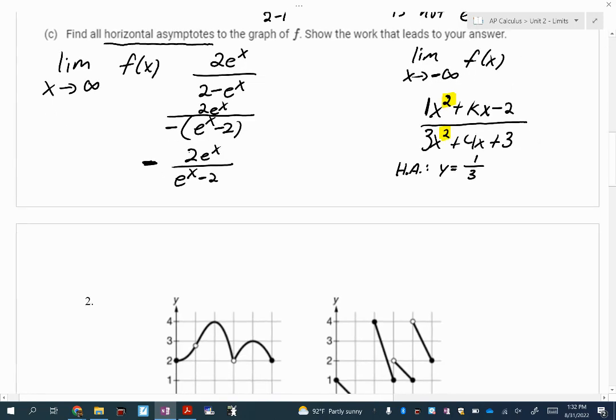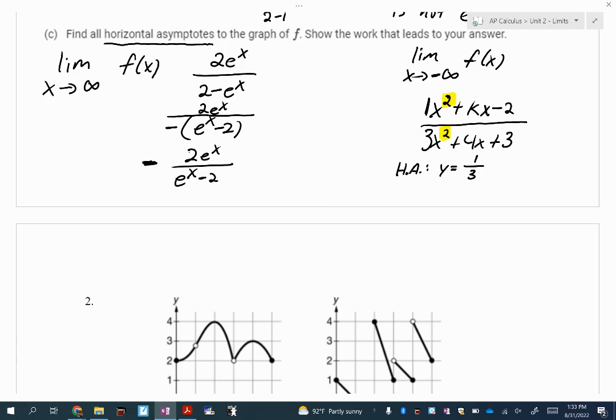All right, so here's what I want you to think about. If we're moving to the right forever, that means we're approaching infinity. So we're talking about plugging in for x really, really large numbers. If I think about e to the infinity power, I'm going to get a massive number. So in the denominator, you have a massive number minus 2. And if you've got a huge number, like billions, and you just subtract 2, that's really not going to change it.